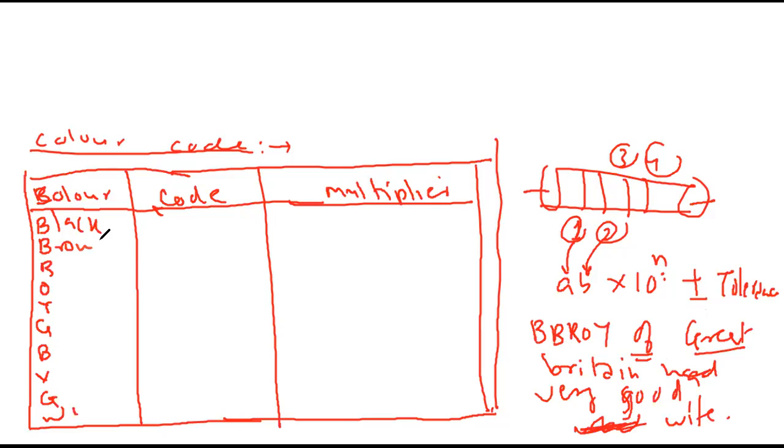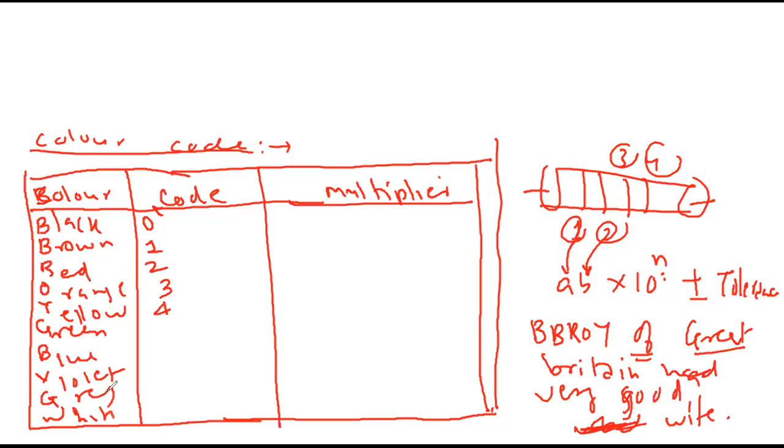Black stands for 0, brown for 1, red 2, orange 3, yellow 4, green 5, blue 6, violet 7, gray 8, white 9.